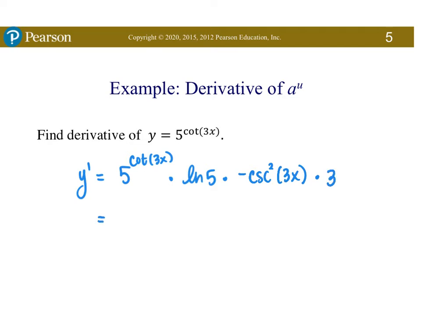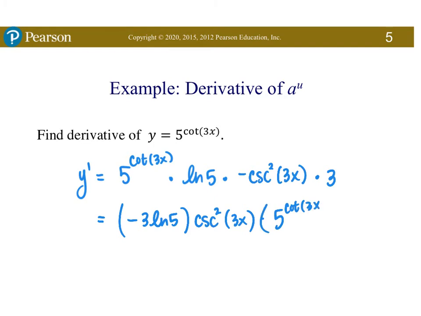So you will most likely see this written this way: the negative 3 ln 5, followed by the cosecant squared of 3x, and then followed by either a multiplication or maybe another parentheses of 5 to the cotangent 3x. Probably another parentheses maybe.